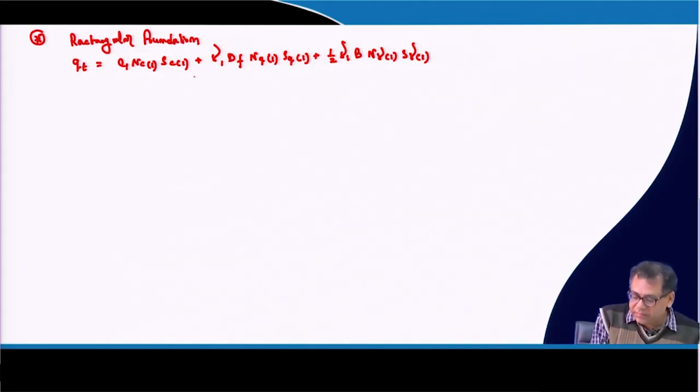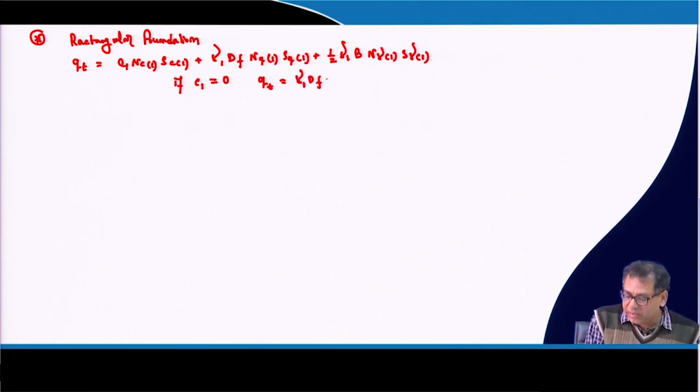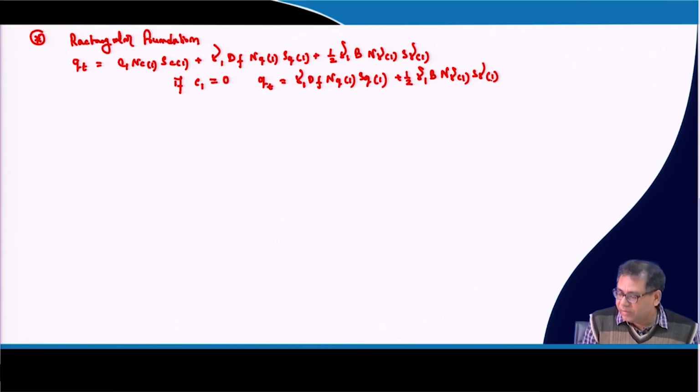Now, if your C1 is equal to 0, then QT will be, this C1 will be 0, gamma 1 df NQ1 SQ1 plus half gamma 1 B N gamma 1 S gamma 1. Okay. So, this is the expression.